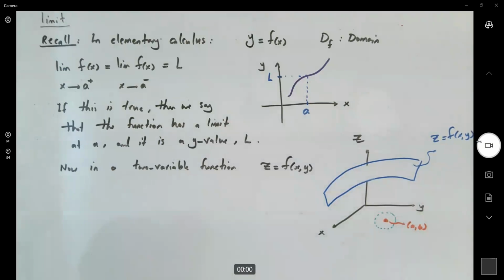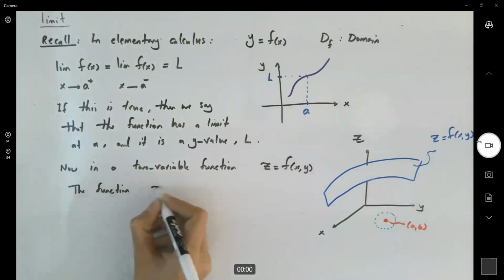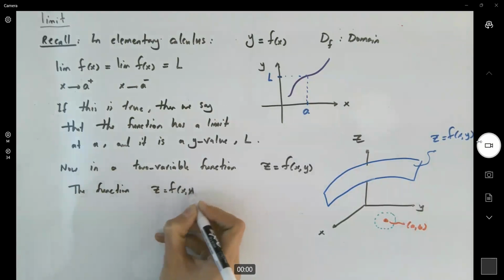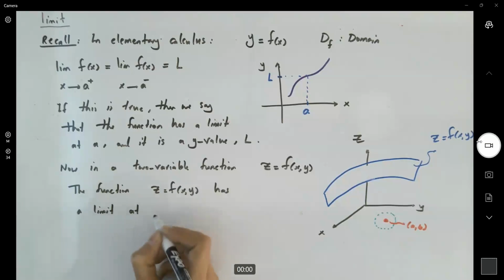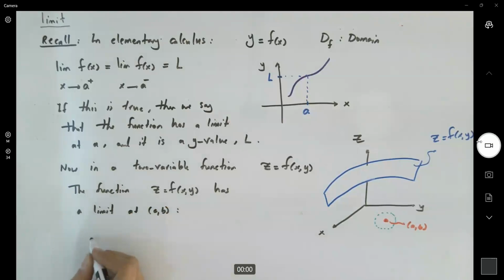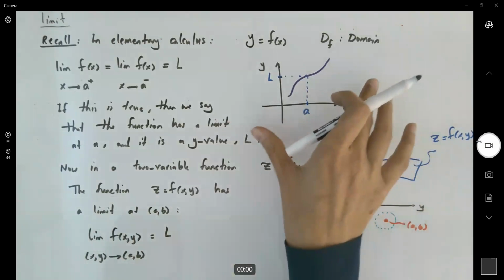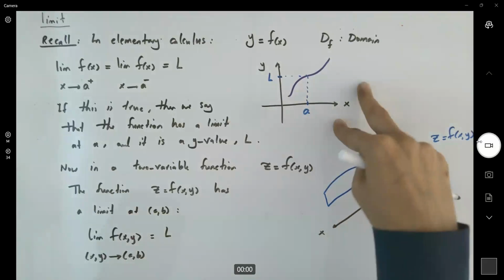We're saying that the function like z equals f of x and y has a limit at A and B, and we write it this way: the limit of f of x and y as x and y approach A and B is equal to F. And it must be a unique value, the same as what we did for our function in the two-dimensional world.